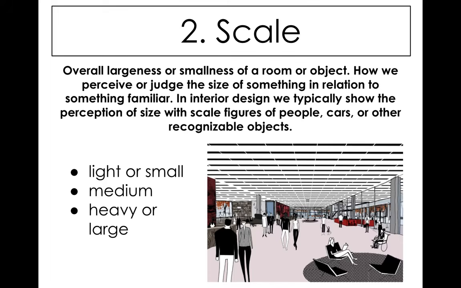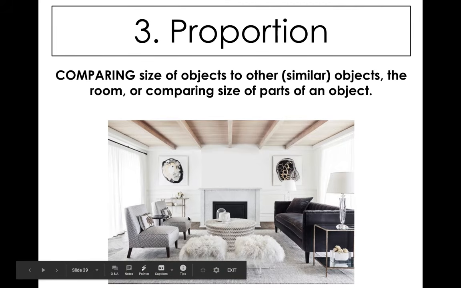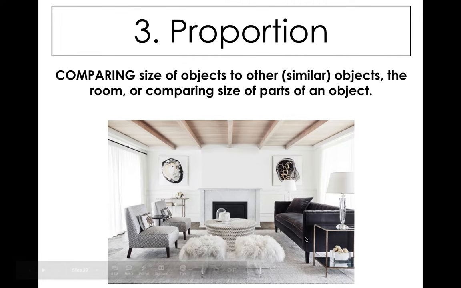Okay, so scale is very closely related to proportion. Proportion is comparing the size of objects to other similar objects or parts of the object. You're comparing different parts of an object. So you can see that these two chairs are a good proportion to this larger couch.